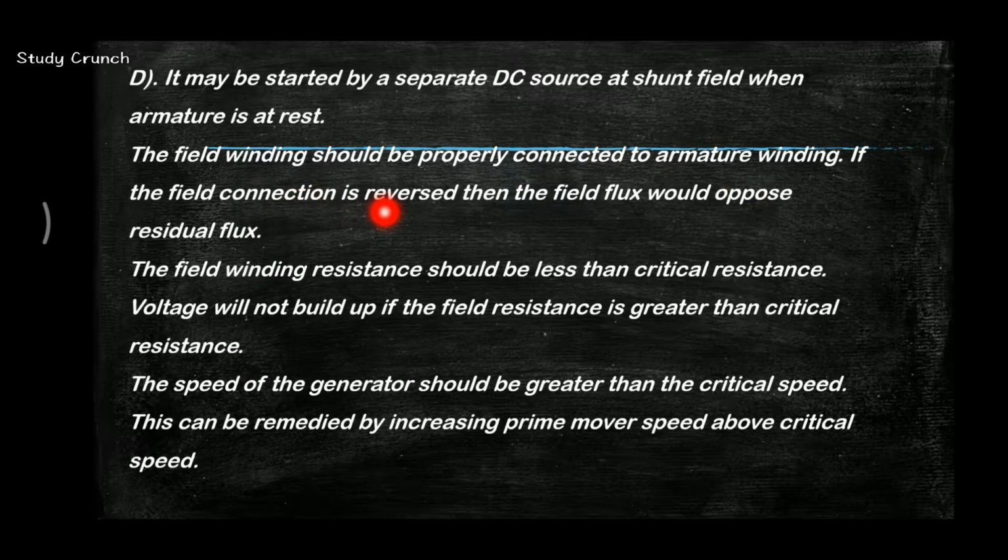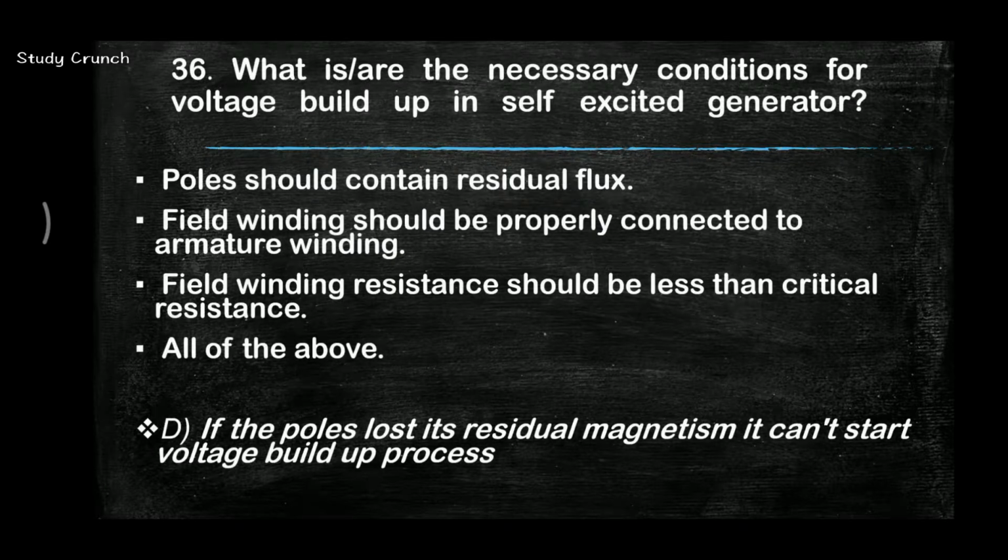If the field connection is reversed, then the field flux would oppose the residual flux. The field winding resistance should be less than the critical resistance, otherwise the voltage will not build up. The speed of the generator should be greater than the critical speed. Answer will be D, that is all of the above.